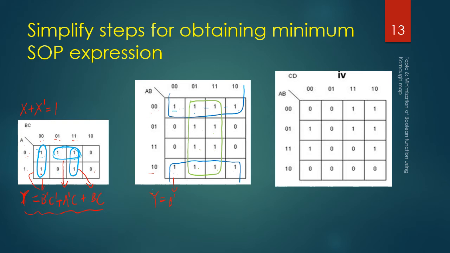C is changing, and D is also changing, which means we only have one variable left, which is b, written as b prime because b equals 0. For the green group, similarly, both a and b are changing, c is changing, only D is not changing. So we write D here using the OR function. So we got y equal to b prime or D.